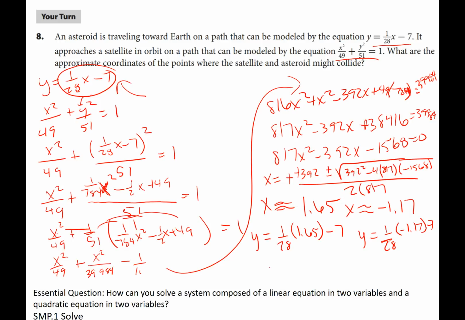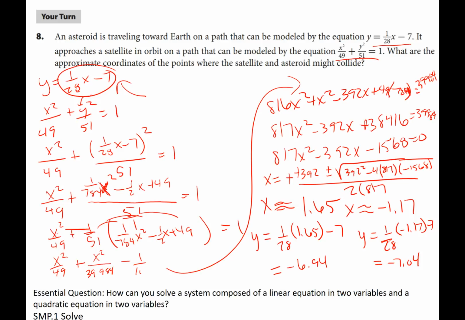I'm going to let you put that in the calculator. I already showed you how to do that once. The final answers that they got are negative 6.94 and negative 7.04.